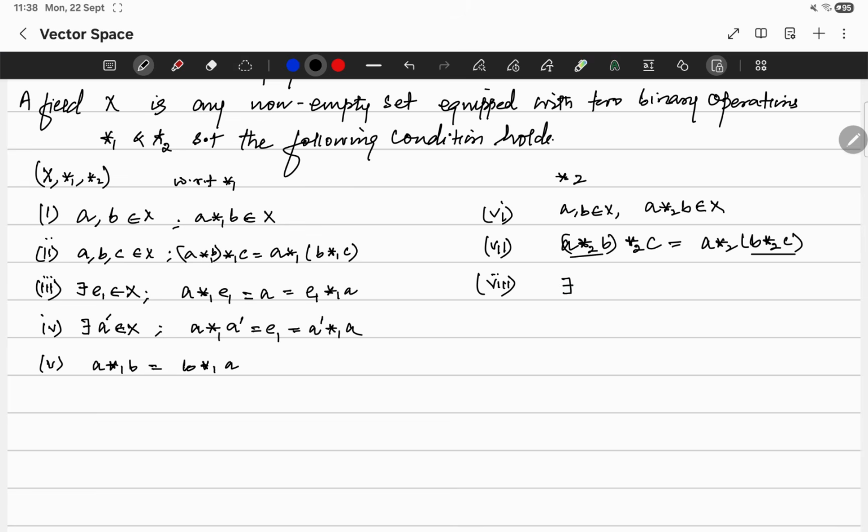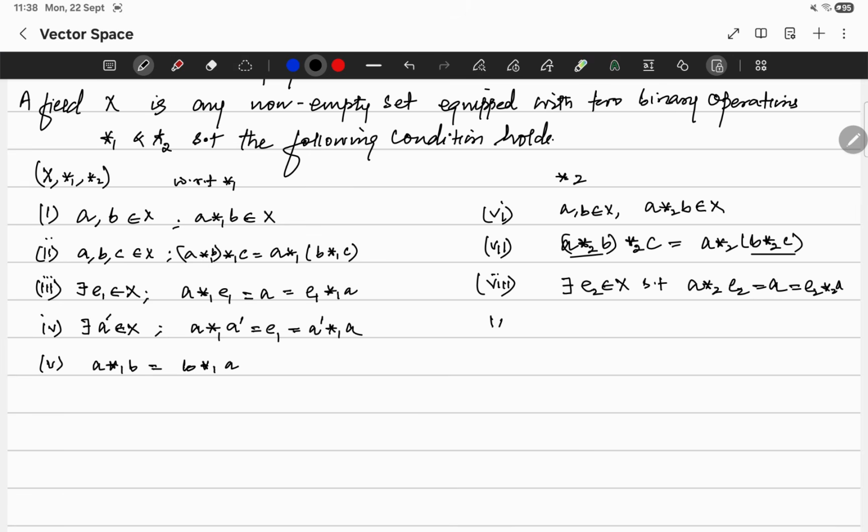So there should be some element, let's say e2, in the set X such that a *2 e2 should be a, that is e2 *2 a.